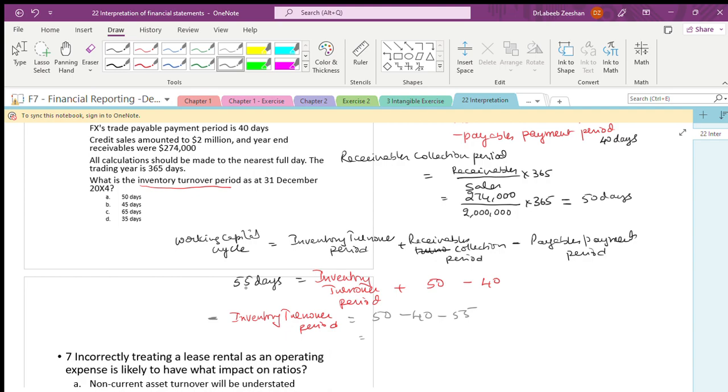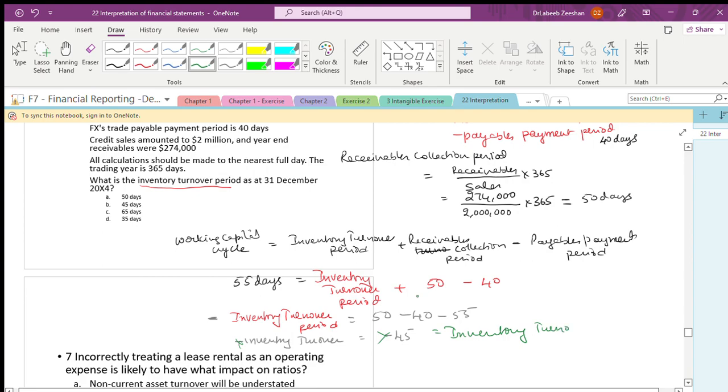Minus inventory turnover, the minus gets cancelled. So the inventory turnover period is 45 days.